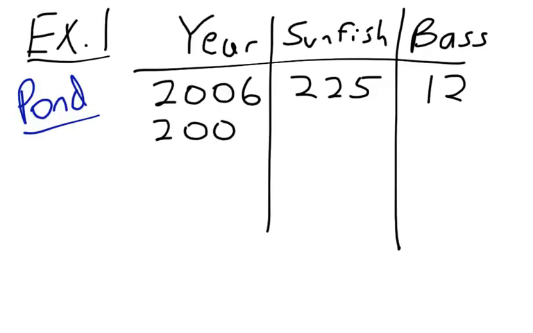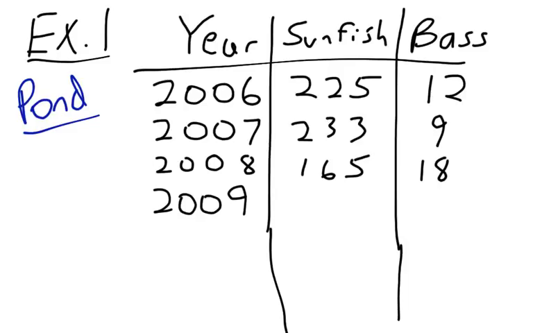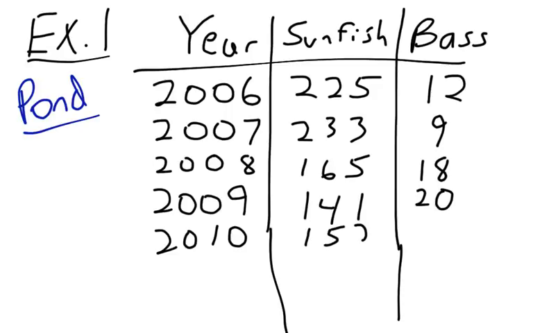You could record this data with me. 2007, we have 233 sunfish and 9 bass. 2008, we recorded 165 sunfish and 18 bass. 2009, we have 141 sunfish and 20 bass. 2010, we have 152 sunfish and 19 bass.